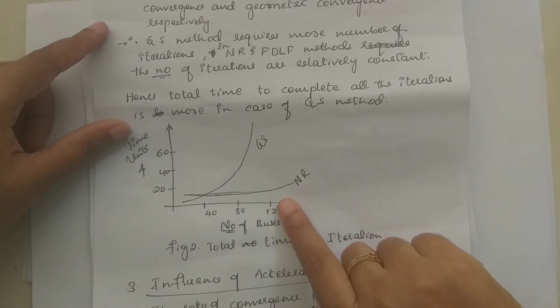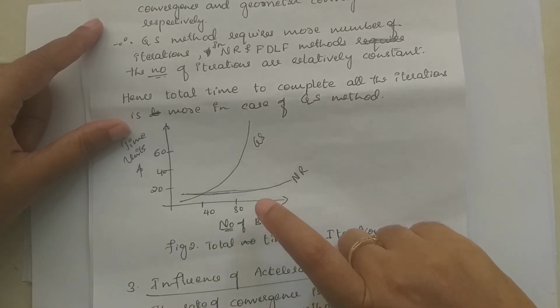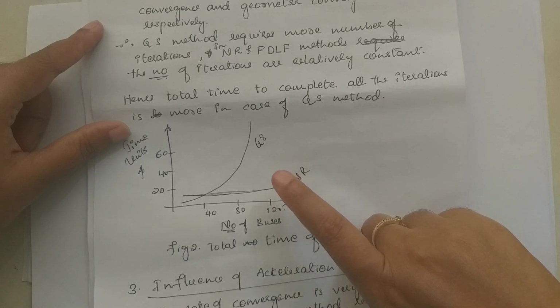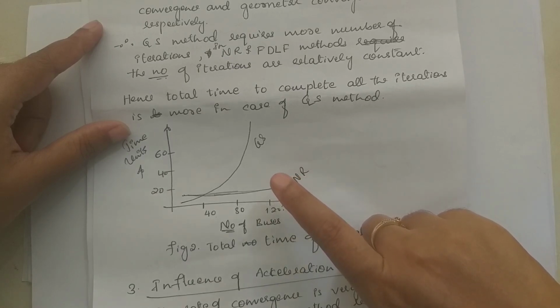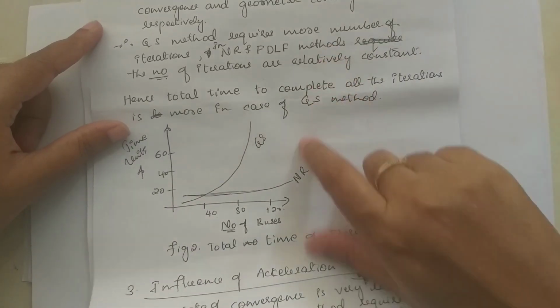Not more than 5 iterations are required to get the accurate value. It is quadratic convergent, and the FDLF method is geometric convergent.